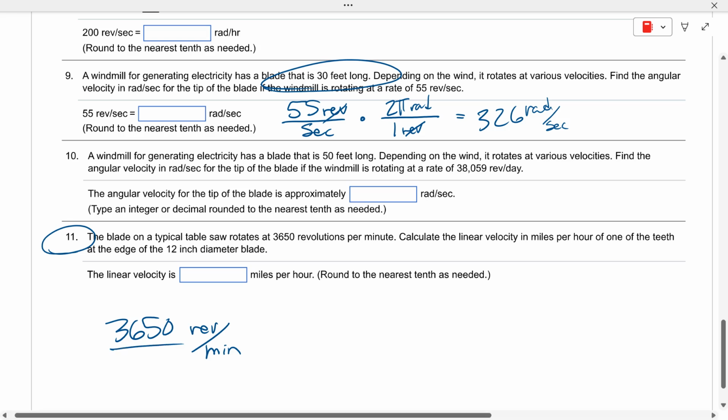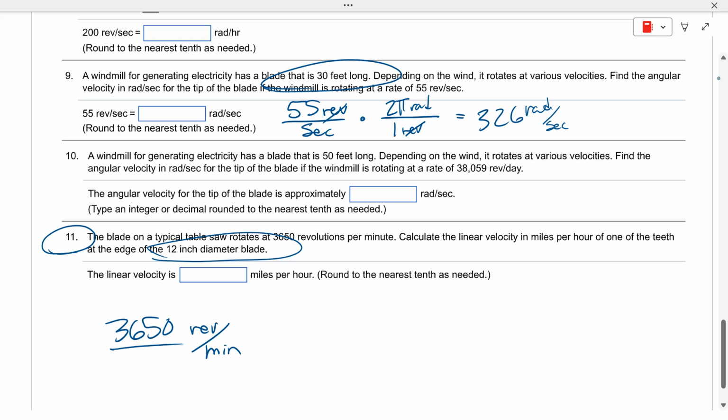So he picks out a table saw to flip. He takes the table saw, flips it upside down, puts a tire on where the blade goes, and he's going to make it go down the road. He picks out a saw that goes 3,650 revolutions per minute. Okay? And then he gets a 12-inch diameter tire to push him down the road. How fast is he going down the road with his go-kart?